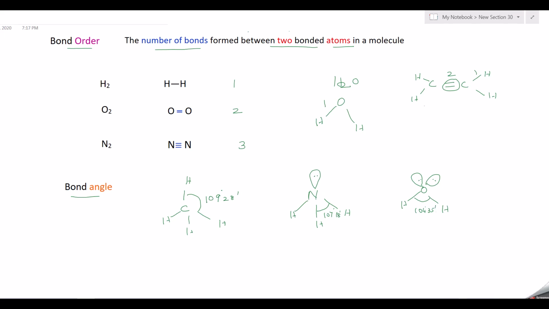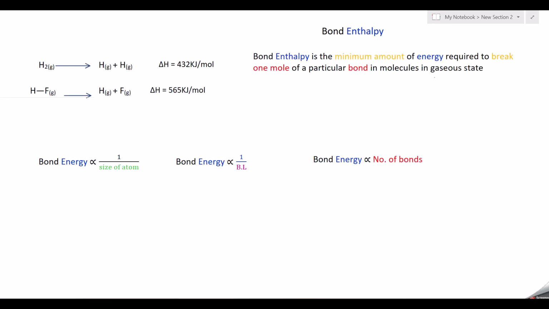Next we'll go to bond enthalpy or bond energy. So bond enthalpy is defined as the minimum amount of energy required to break 1 mole of a particular bond in a molecule in gaseous state. So you take hydrogen molecule in gaseous state. This hydrogen molecule has two hydrogen atoms bonded through a covalent bond.